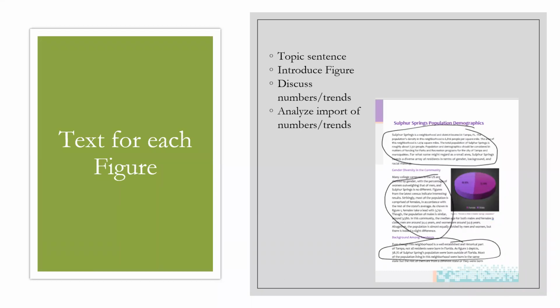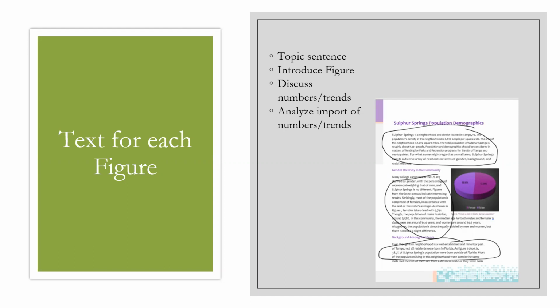So when constructing text to complement or go alongside your figures for your report, consider starting with a topic sentence, and you can borrow language from the subheader to help you. Then introduce the figure in a second sentence, follow up with another sentence or 2 where you're discussing some of the numbers and the trends.